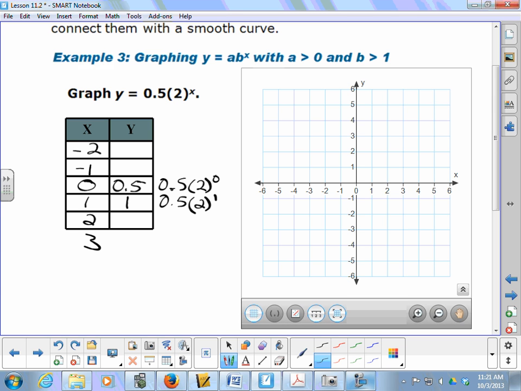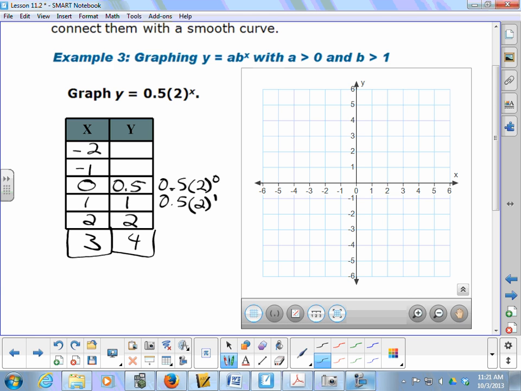And then to get to the next one, where x is 2, what do I do? Multiply by 2 again. What's 1 times 2? 2. All right, great. You guys are doing good. Let's go ahead and go to 3. What's 2 times 2? 4. So we got a 4 there.